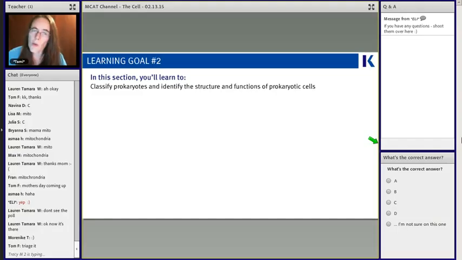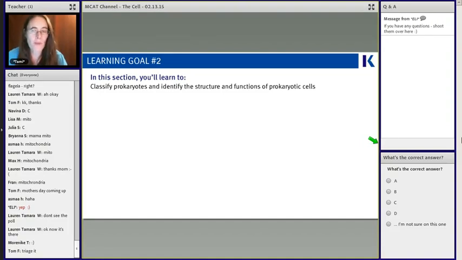We still spend quite a bit of time looking at things under microscopes when we are dealing with patients. So we really need to be able to classify our prokaryotes as well as look at the functions of prokaryotic cells. So we're going to start off by classifying by cell shape.